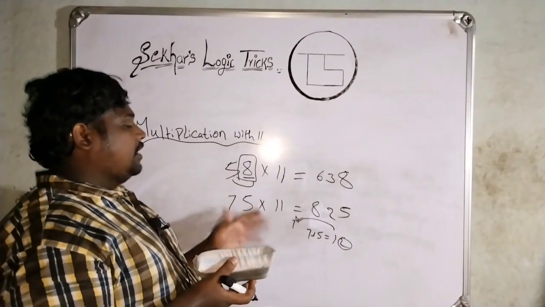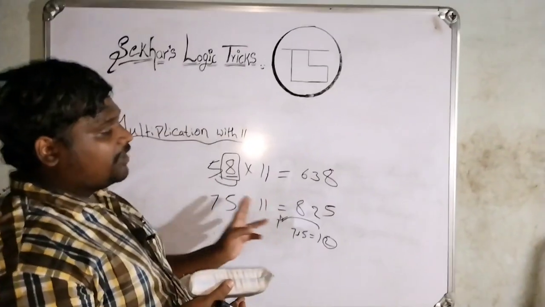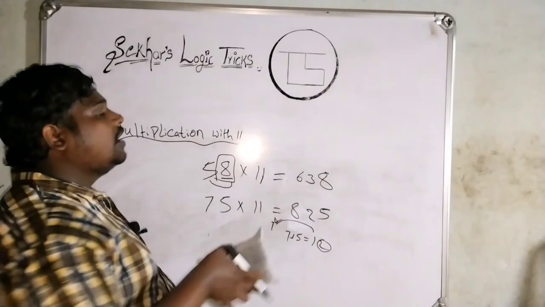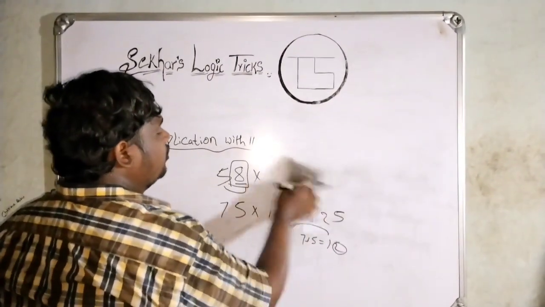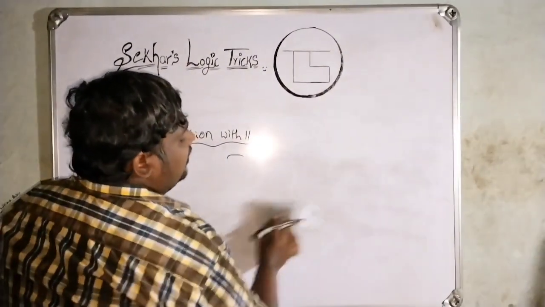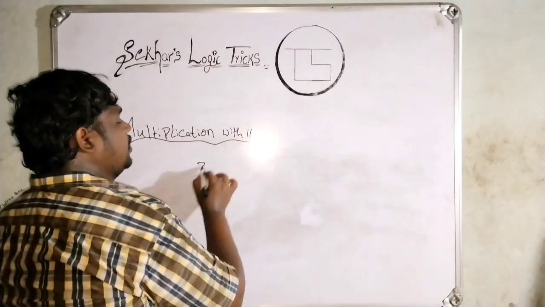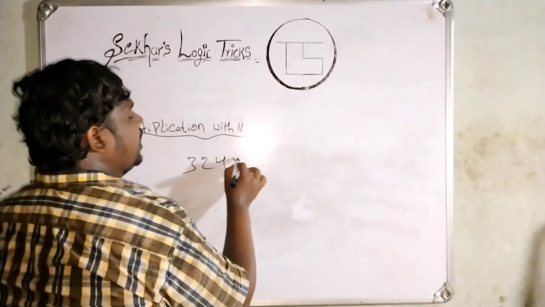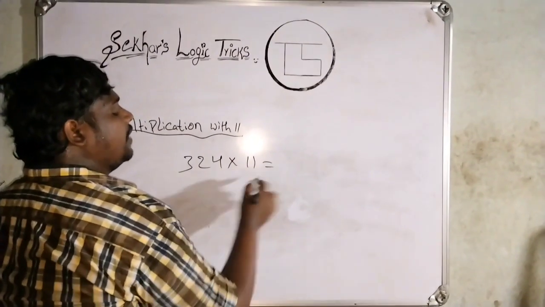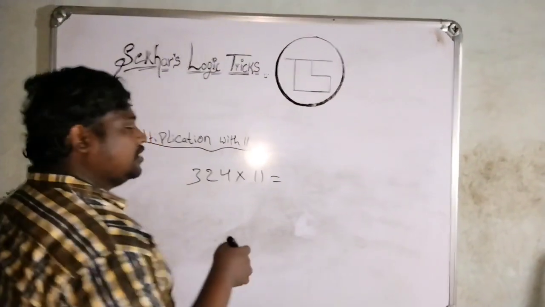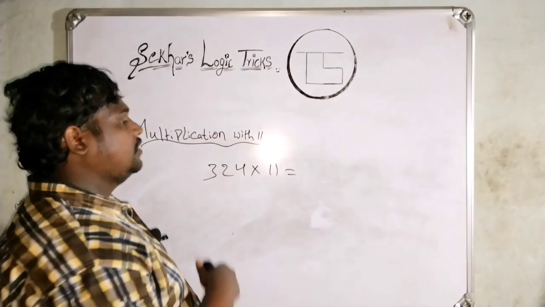Now we discussed 2-digit multiplication with 11. Now we want to discuss any 3-digit number multiplied by 11 in an easy way.